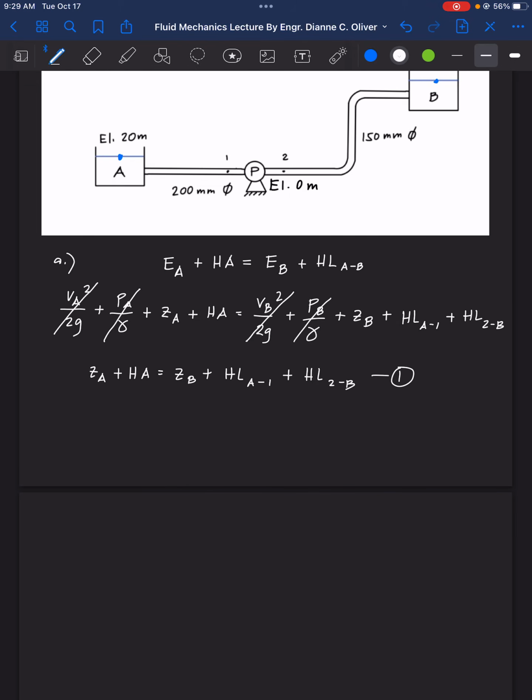Since we're going to deal with the separate pipes, we're going to deal here separately. There's going to be another formula for point A to point 1.